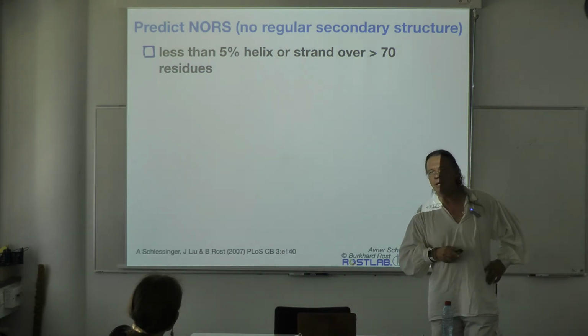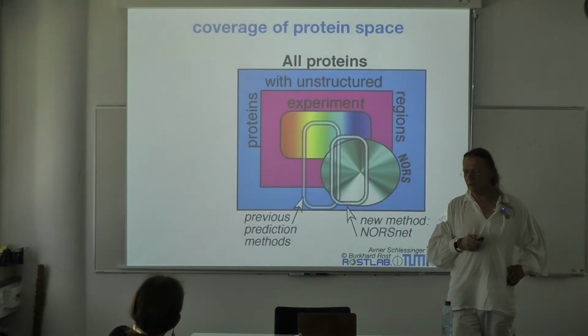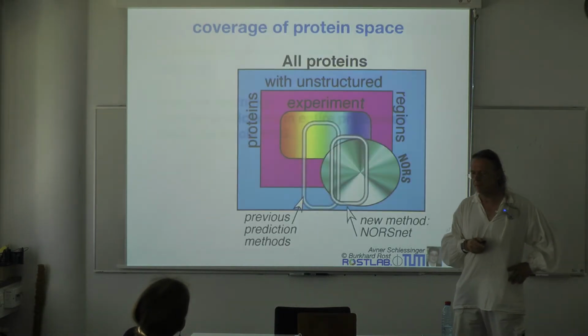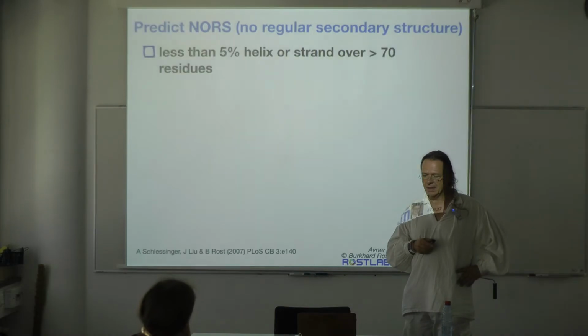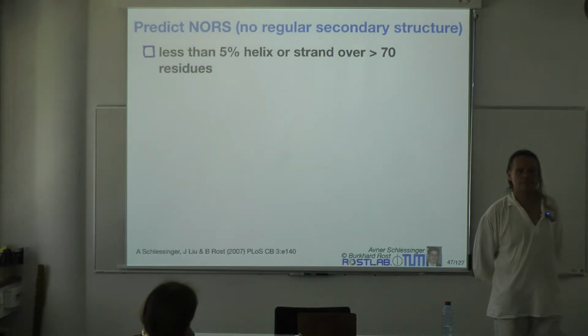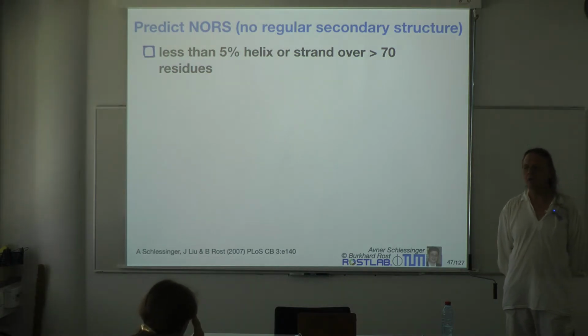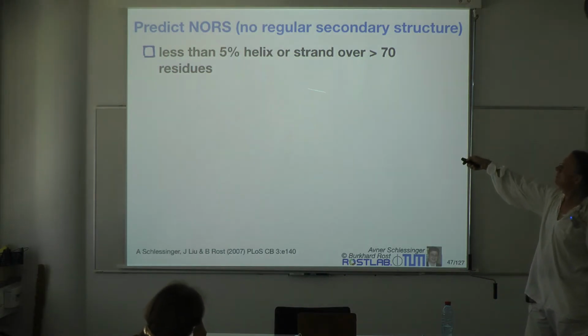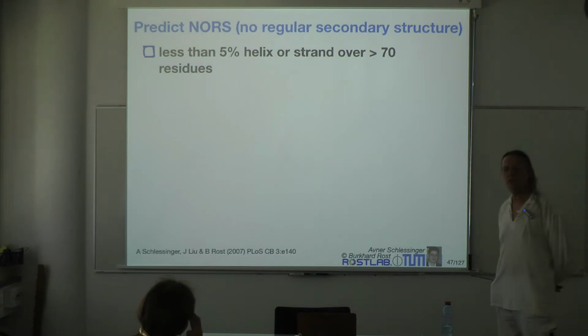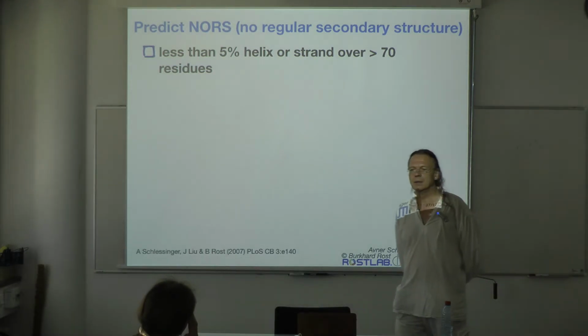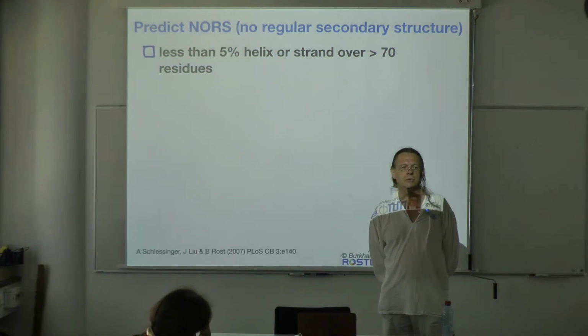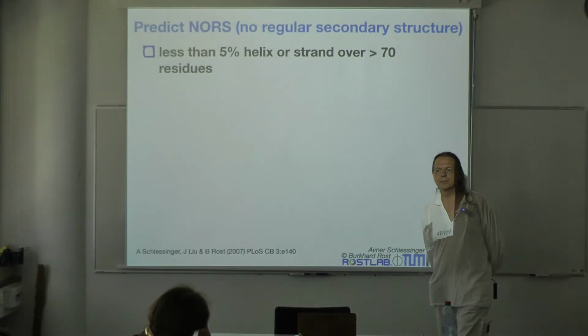We could do some machine learning. But how could we do this? What would we learn on? Oh, that already gives it away. How could you machine learn a method that predicts this type of loopy disorder for things shorter than 70 residues?